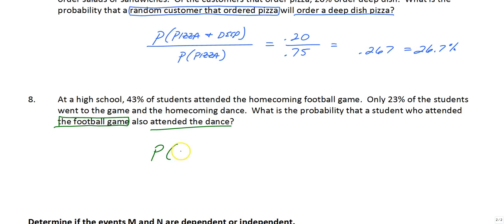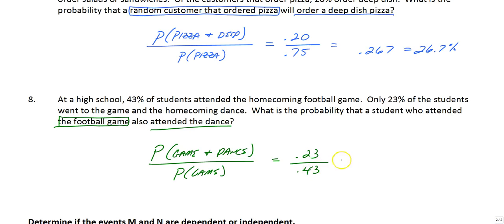So that's the probability of the game and dance divided by the probability that you went to the game. And you should have 0.23 divided by 0.43, which is equal to 0.535 or 53.5%. Okay? That's that.